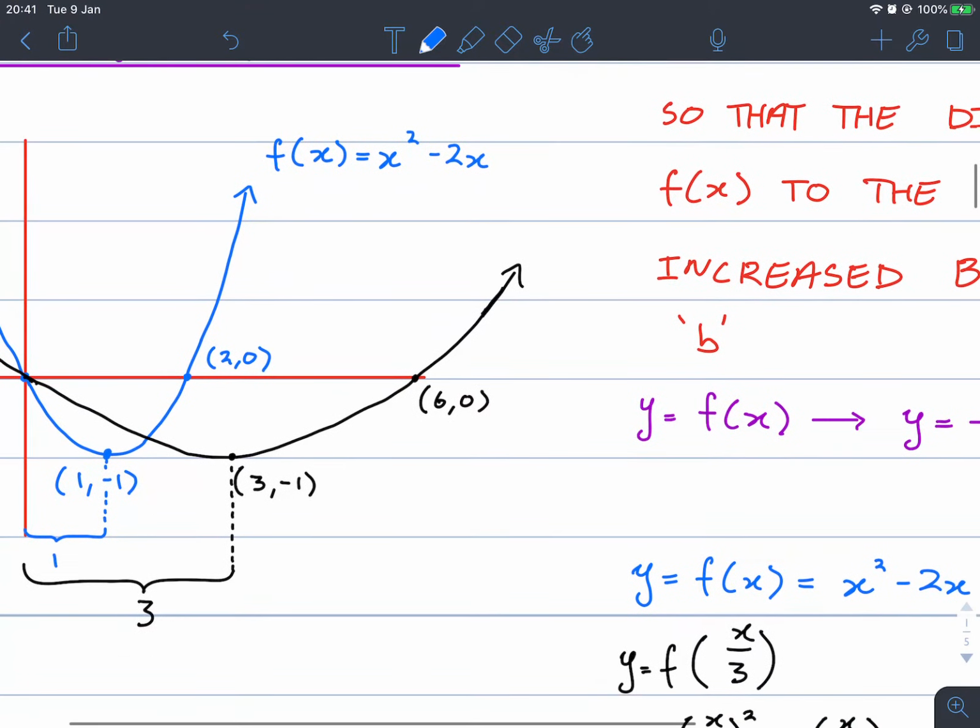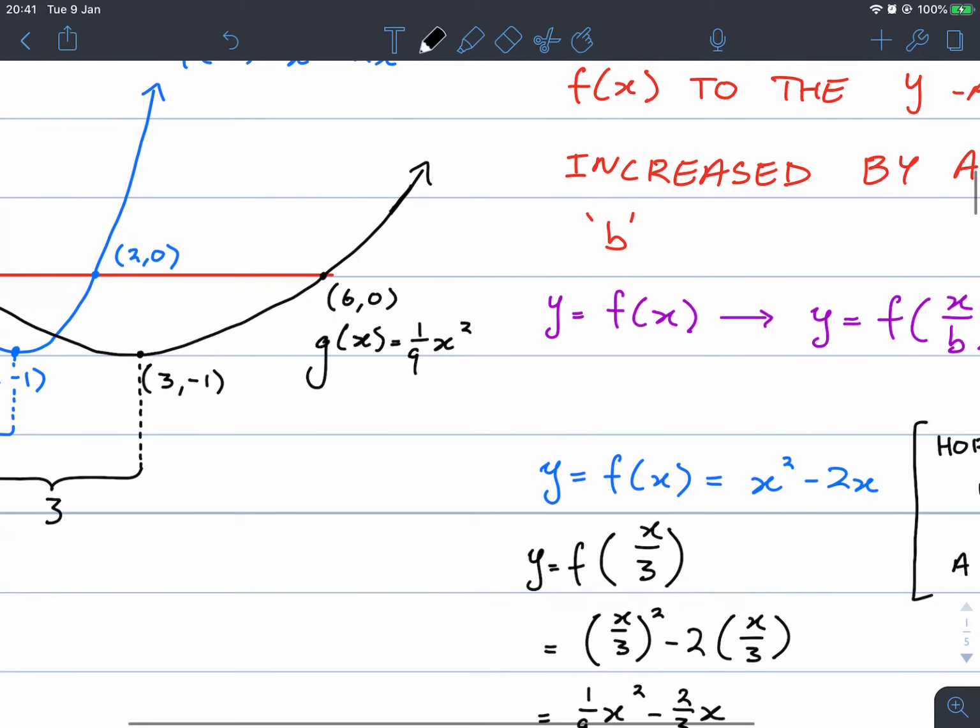So this black function, call it g of x, is actually equal to 1/9 x squared minus 2/3 x.